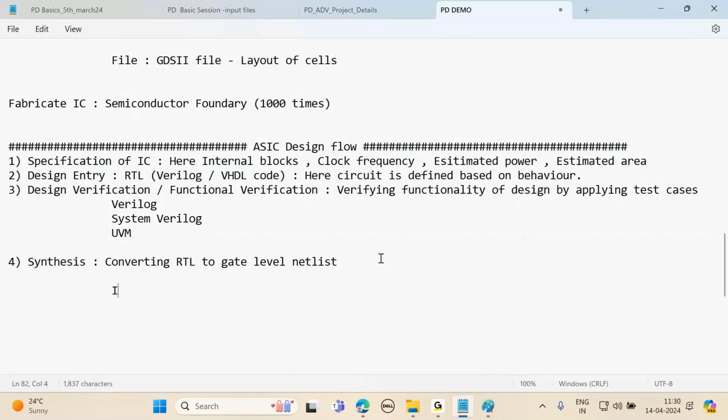Next we'll discuss inputs for synthesis. For input for synthesis, one is your RTL, that only you're converting to a gate level netlist. The RTL design is in behavioral form. Next you have the library file, also called the Liberty file.